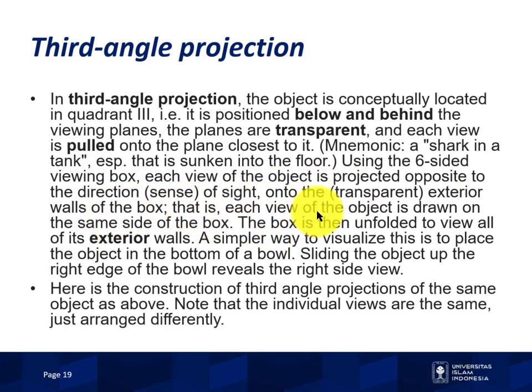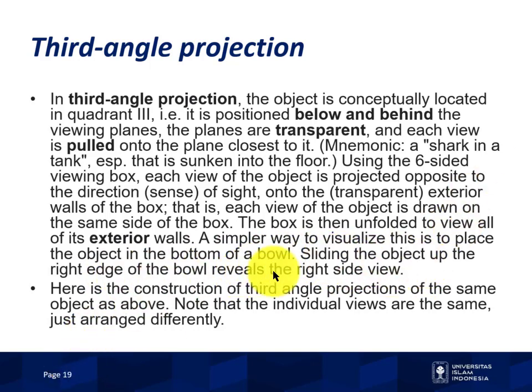That is, each view of the object is drawn on the same side of the box. The box is then unfolded to view all of its exterior walls. A simpler way to visualize this is to place the object in the bottom of a bowl. Sliding the object up the right edge of the bowl reveals the right side view.